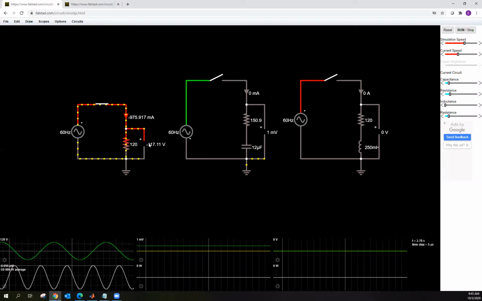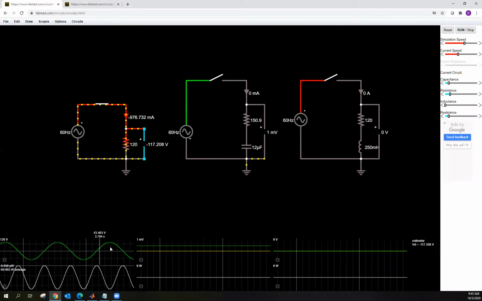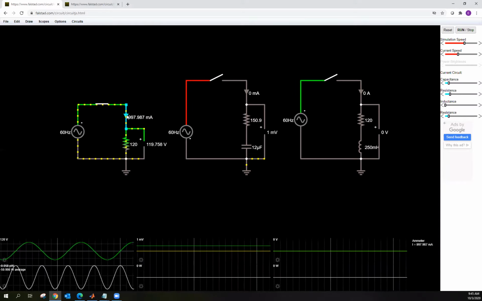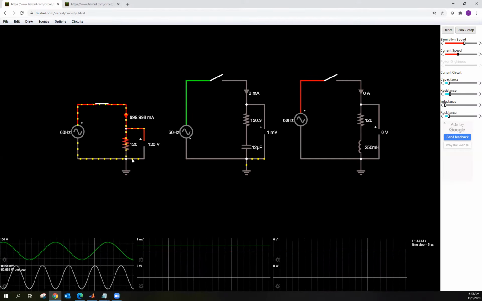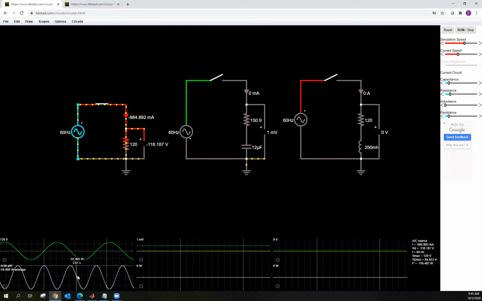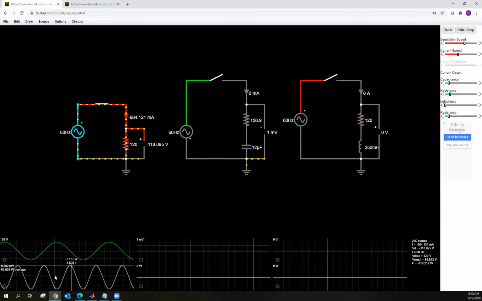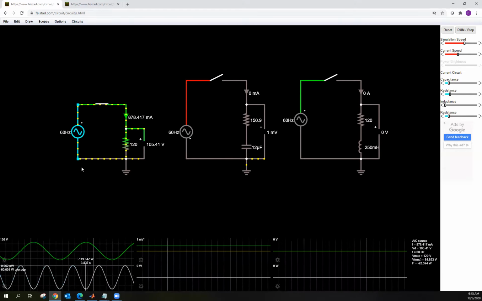What we see here is that the voltage and current are actually in sync. Notice that the current and voltage are in phase. I'm monitoring the power of the source, and you can see it's all negative, which means it is constantly delivering power, and that makes sense.